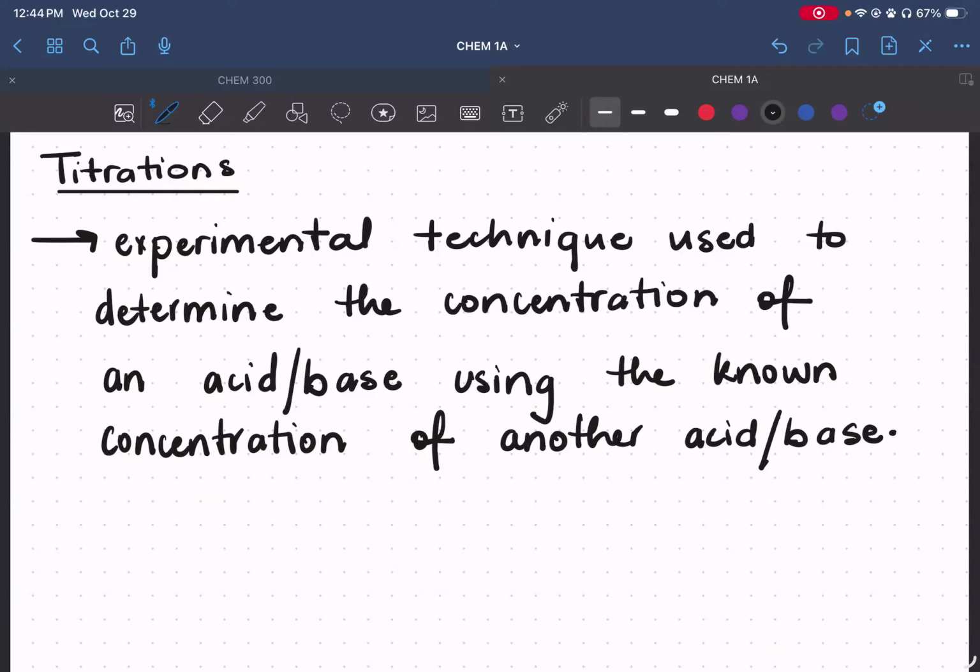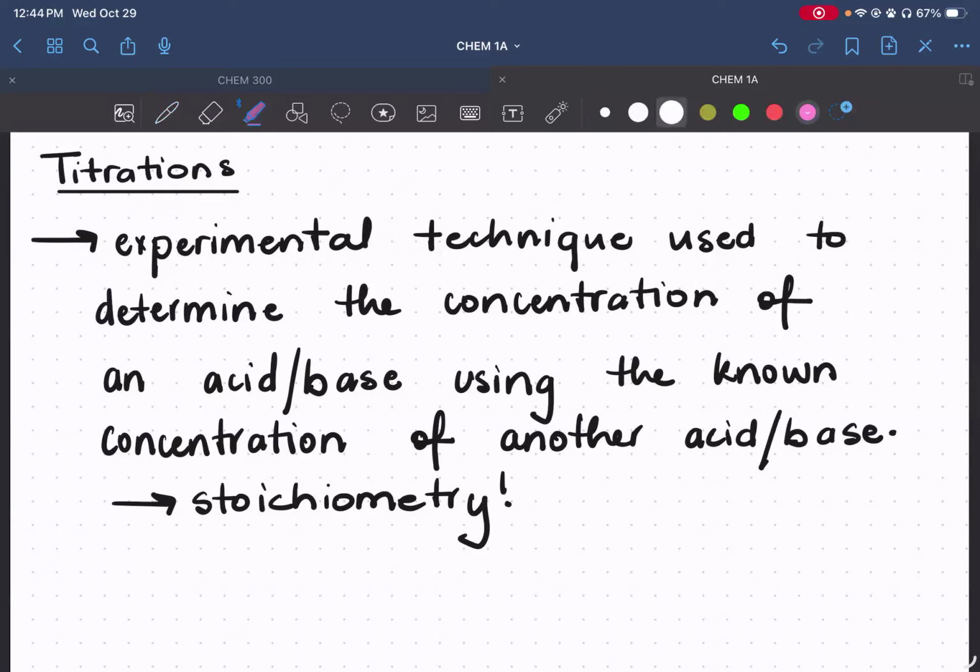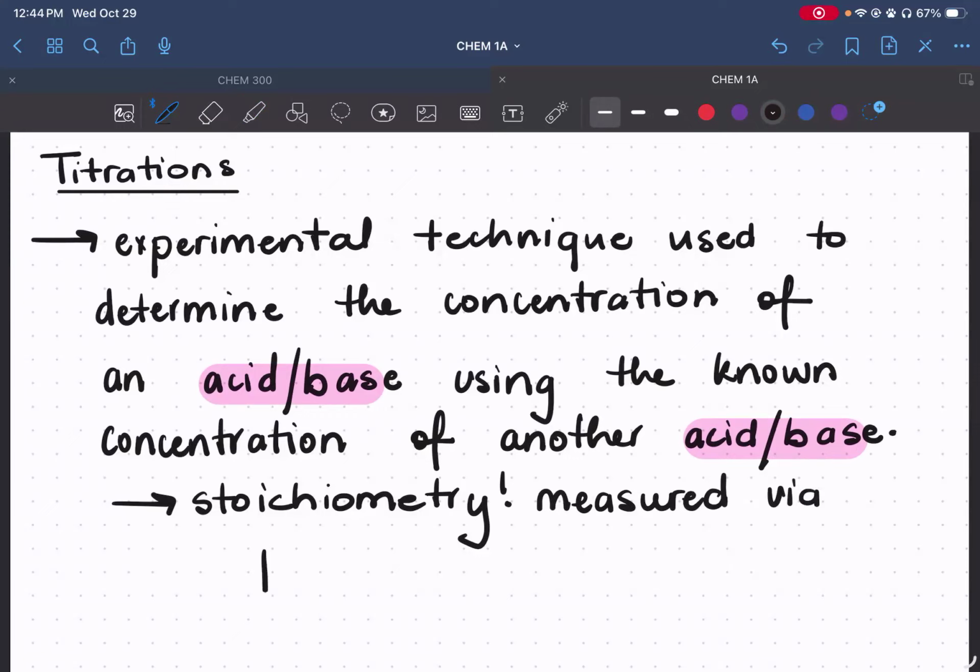Titrations are experiments that exploit stoichiometry, AKA the relationship between one chemical and another. But notice that we're specifically working with acids and bases. And of course, acids and bases, we can measure them via pH.